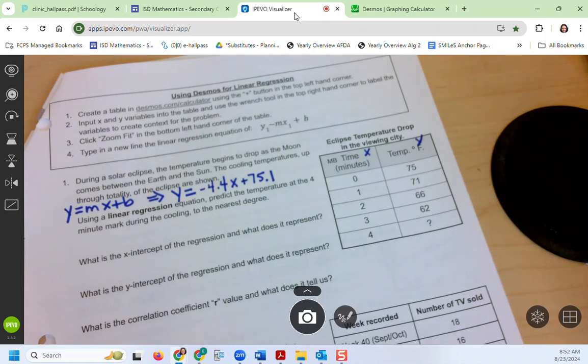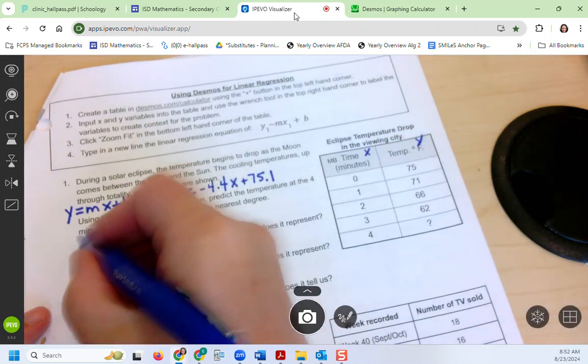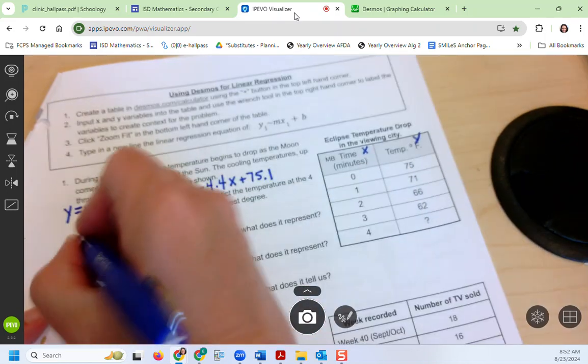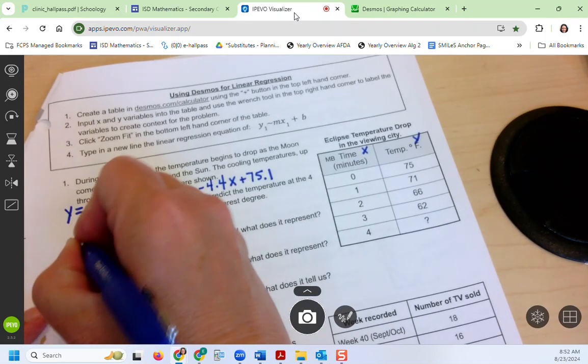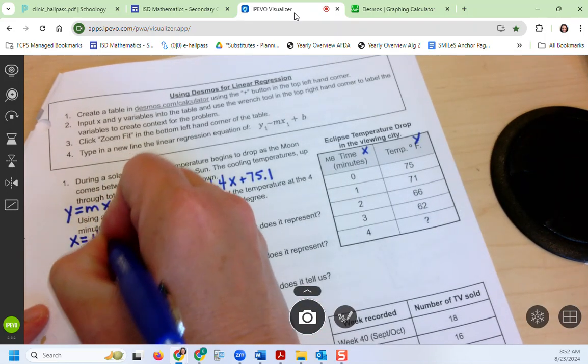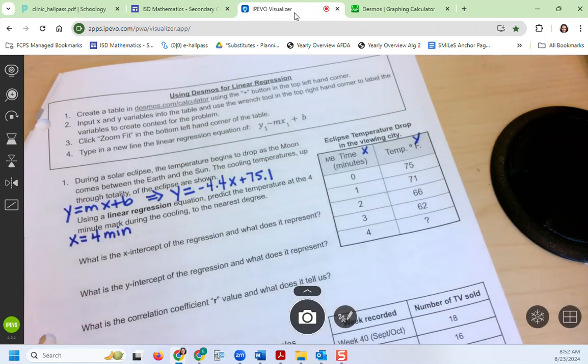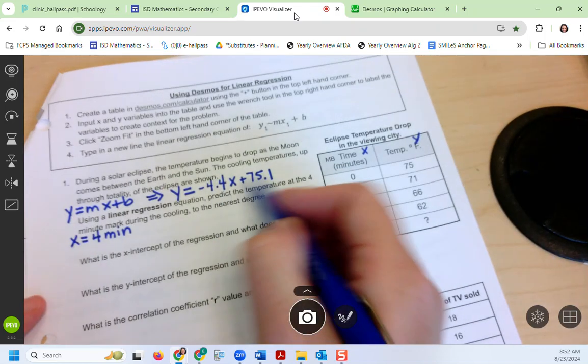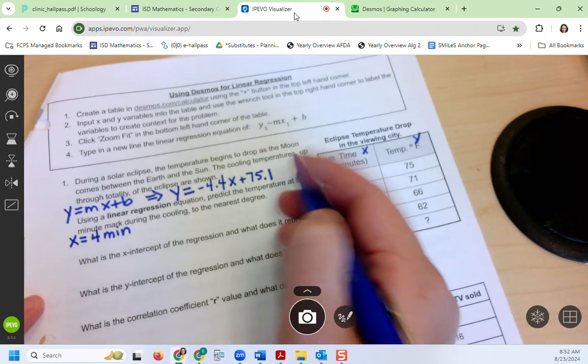And now we said that we want to know 4 minutes. So 4 minutes is the x. So we're going to take this equation and we're going to substitute 4 for the x.